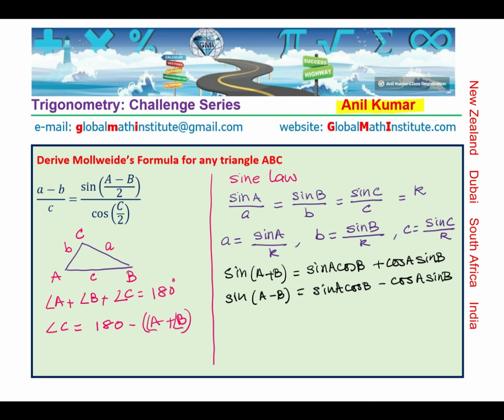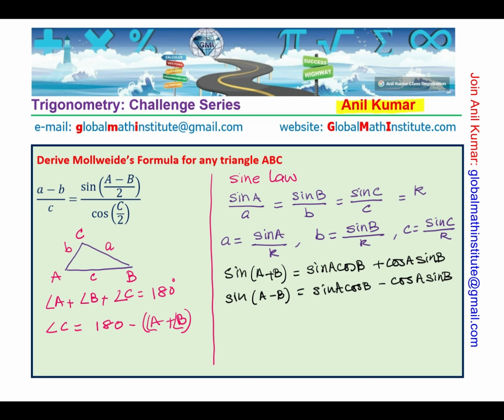Correct. Now, in this particular formula, if we add them up, we get 2 sine A cos B, right?